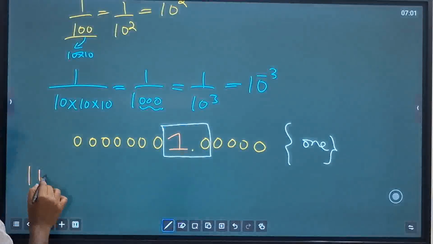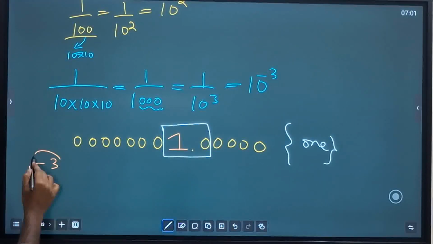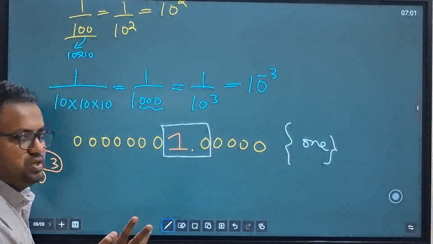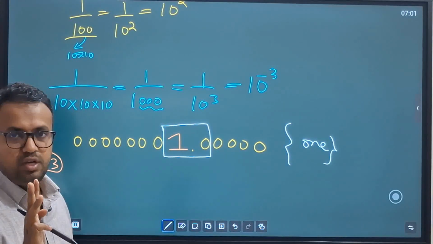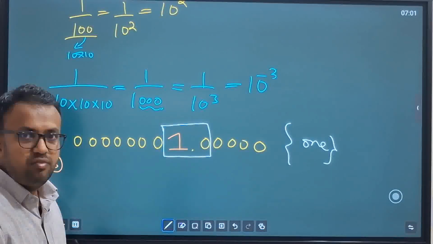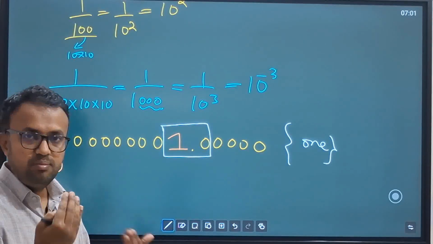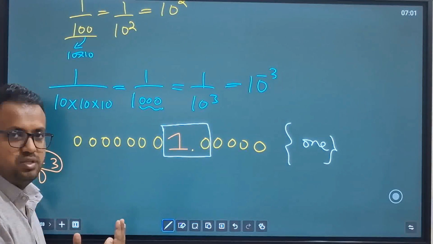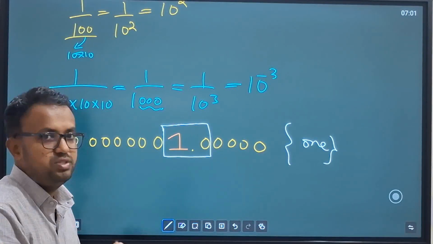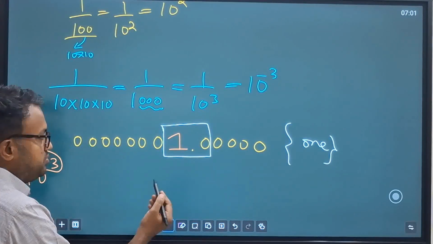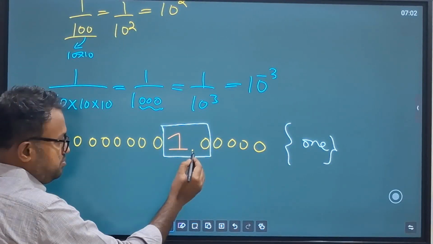If you want to write 10 power minus 3, if it is in negative power, you have to shift the point backwards. What do you mean by backwards? Please slowly observe, because next I will introduce frontwards as well. Here is your point. You have to come 3 steps backwards.